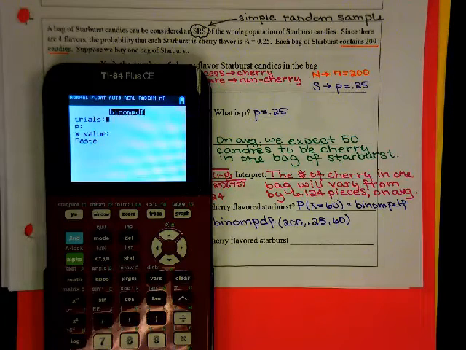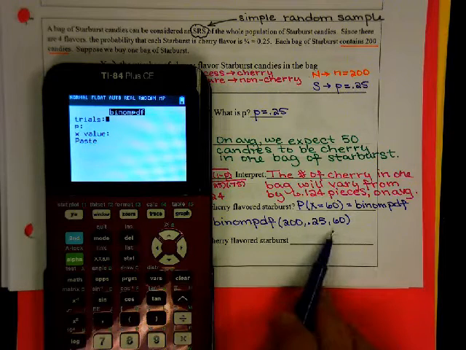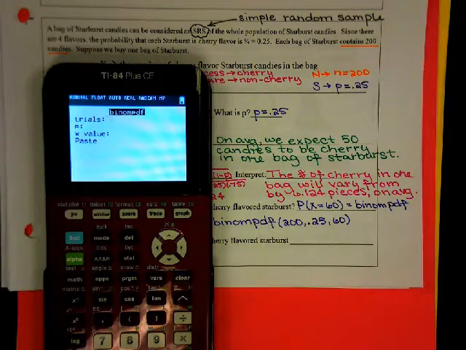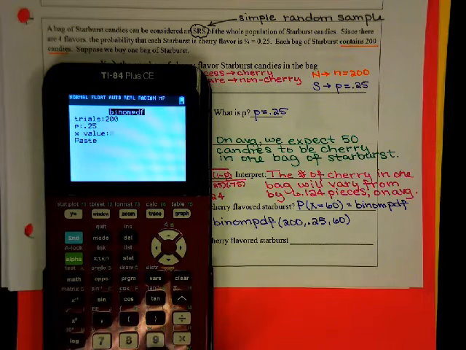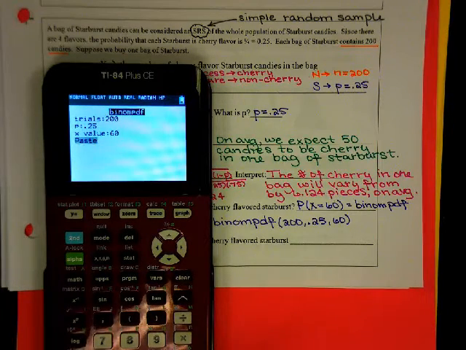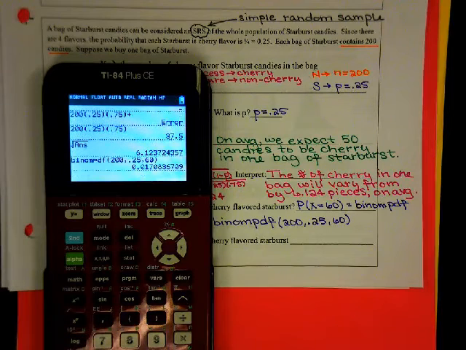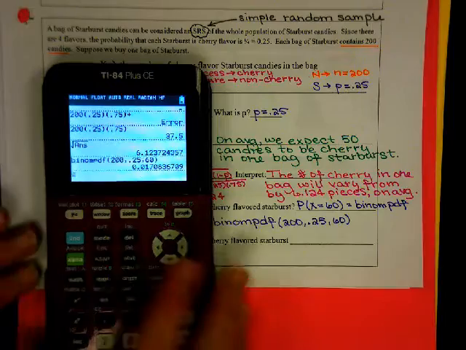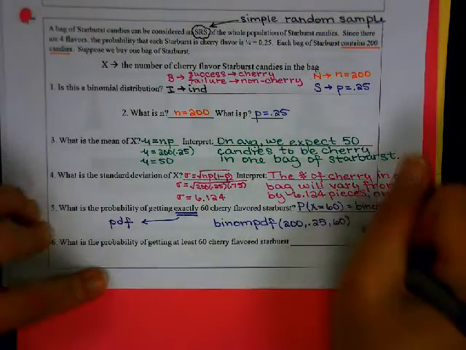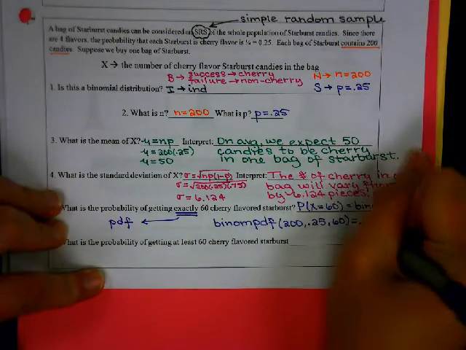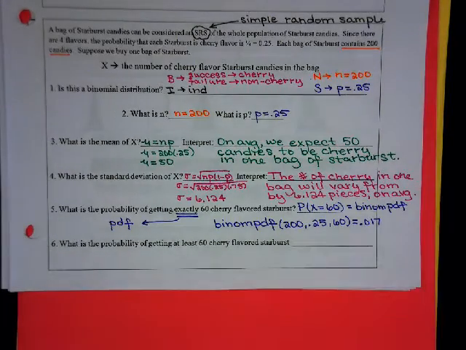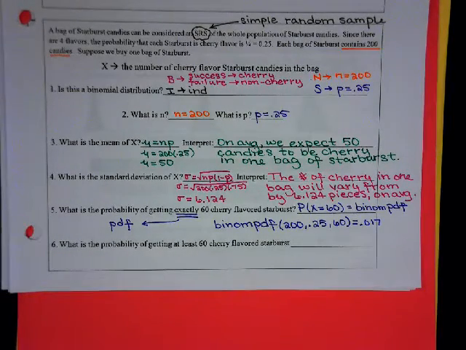So we have 200 trials, probability of success 0.25, x value we're interested in is 60, and I get 0.017. So the probability that I have a bag with exactly 60 cherry Starbursts is about 1.7%.